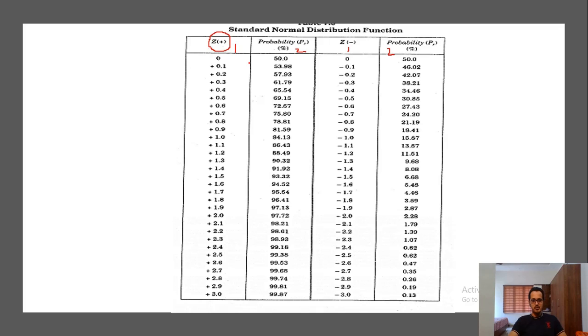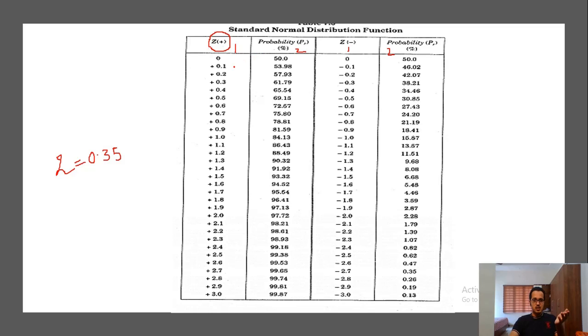Okay, you just understand that for the time being. The value of Z varies from 0 to positive 3, and sometimes it can go up to negative 3 also. And for each value, we have a particular value of probability mentioned in percentage. Suppose we get the value of Z as 0.35, that exact value is not shown in this normal distribution function table.